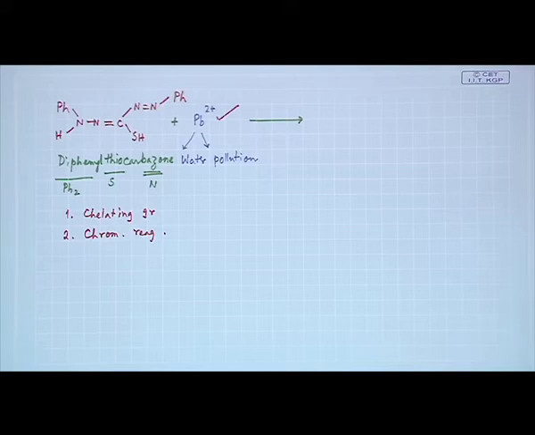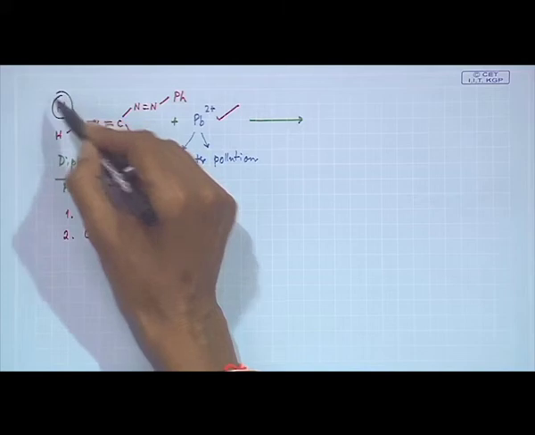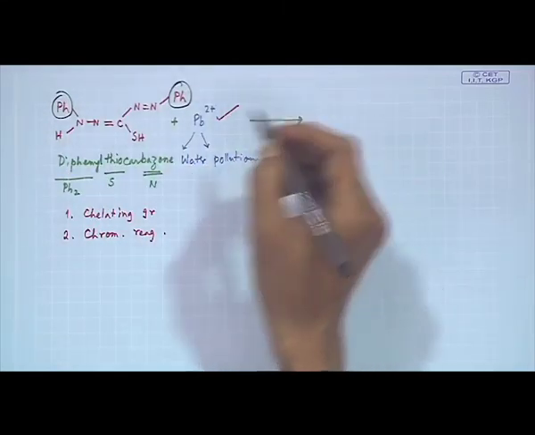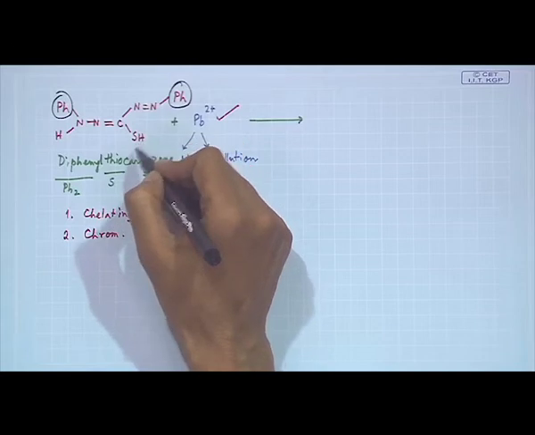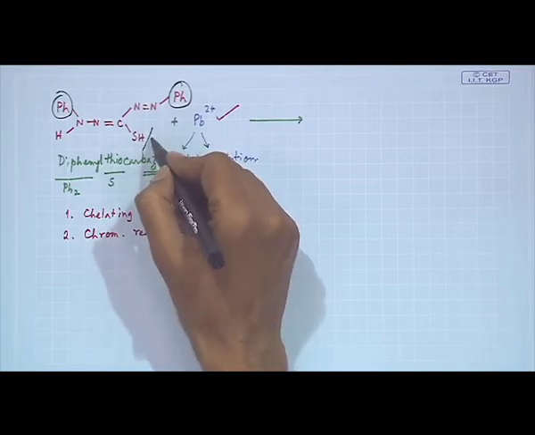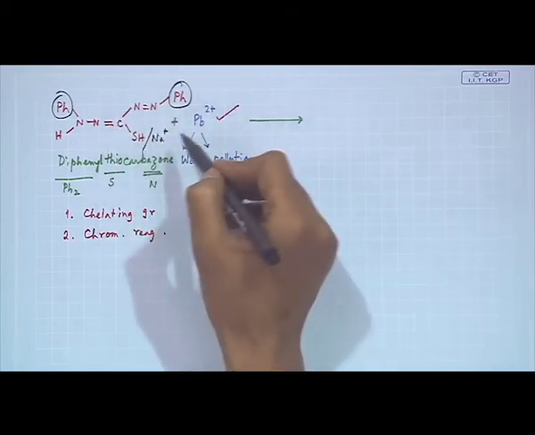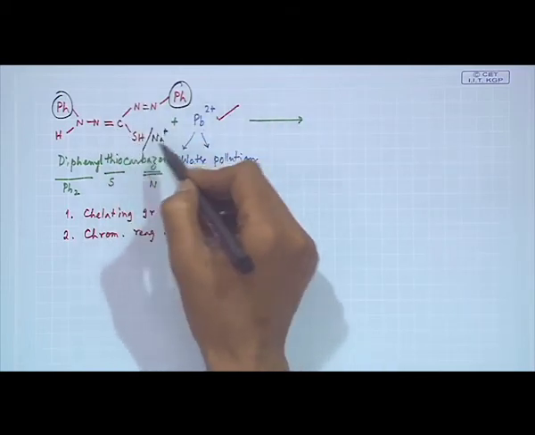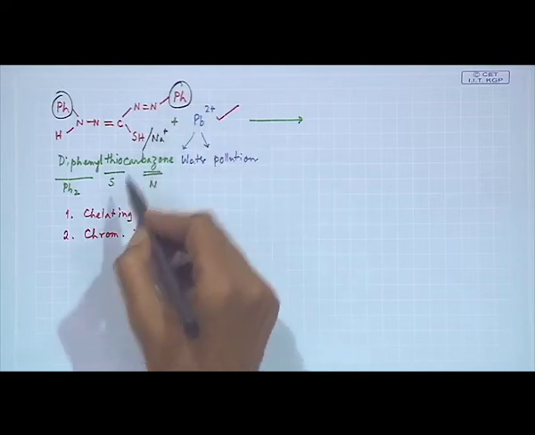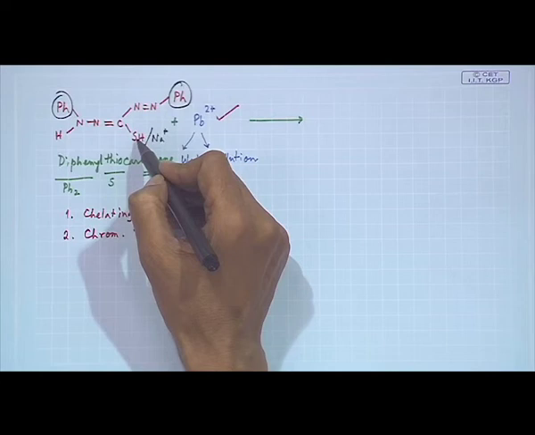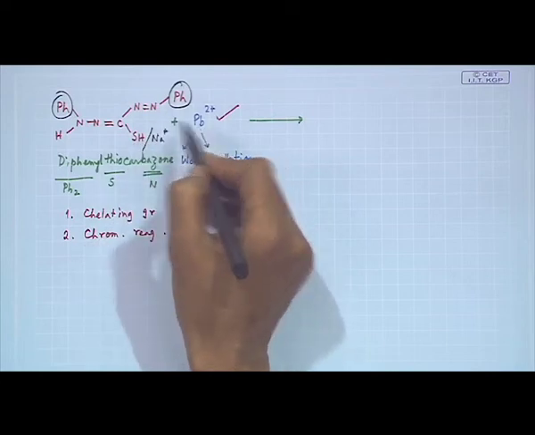That is why the name is diphenyl. This is one phenyl function and this is one phenyl function, and what we see is that it can be H plus or it can be its corresponding sodium salt. That immediately tells us it is a different type of chelating agent, where this sulfur will be utilized for bonding to the lead center, and the nitrogen.